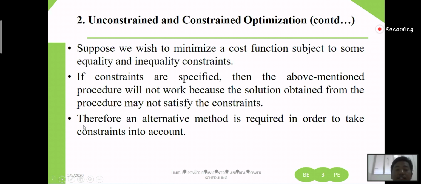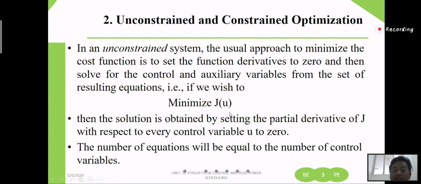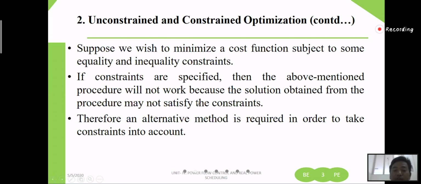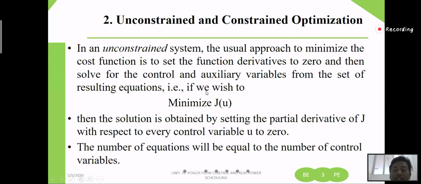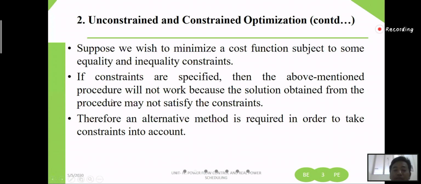Now if these constraints are specified in your problem, if somebody says the equality constraint is this and the inequality constraint is this, then the method of minimizing J of u and obtaining the solution by setting the partial derivatives to 0 will not work. Earlier we have not considered equality and inequality constraints because the solution obtained from the procedure may not satisfy the constraints.